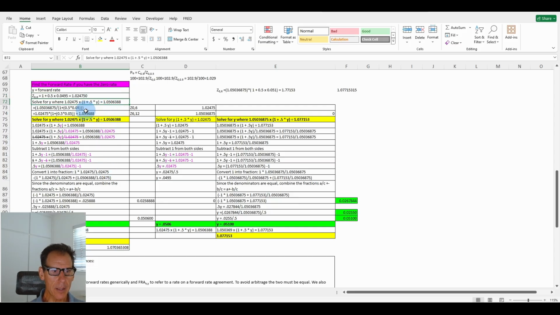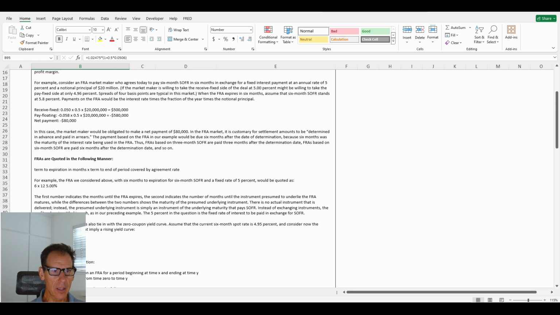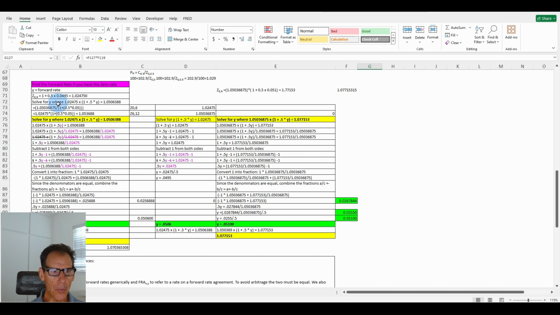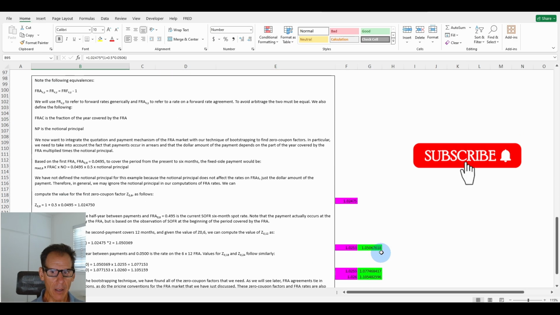We're going to get 1.506. And what we're trying to do is find the forward rate for the next period. If you go through all of this nifty little math, and I walk through step by step, I explain it, you're going to see 5.06. And what does this 5.06 represent? This is the next right here.